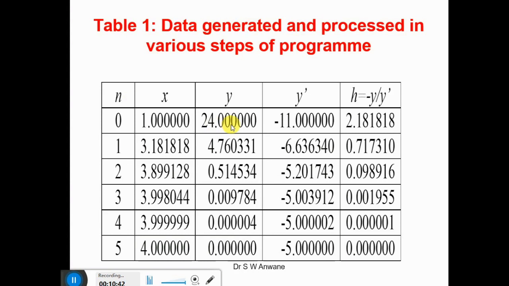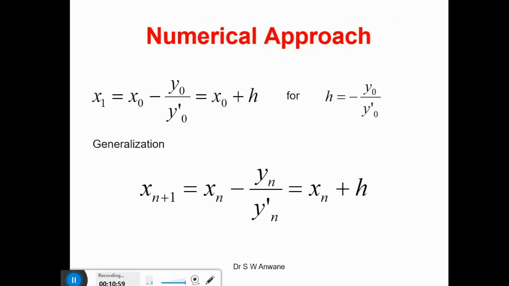Its derivative we have already worked out, and substituting the value of x into that, it is minus 11, and you can calculate h. So in the next attempt we are calculating the point x1. x1 is calculated using this formula, x0 minus y0 upon y0 dash.